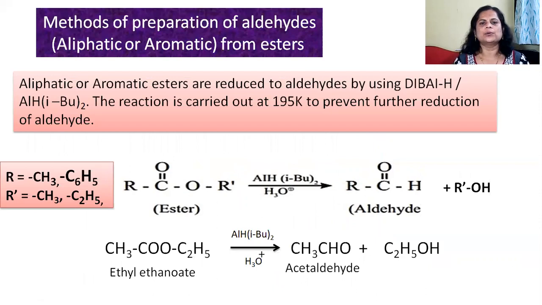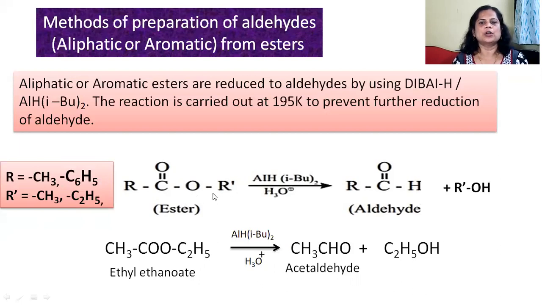RC=OOR', these are esters. And the reagent required for that is diisobutyl aluminium hydride. In the presence of this, and after acid hydrolysis, these esters are converted into aldehydes. Now see what happened in that reaction. Esters have the formula RC=OOR'.